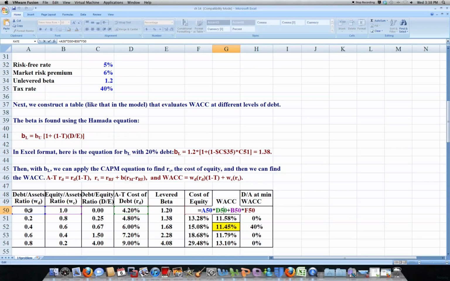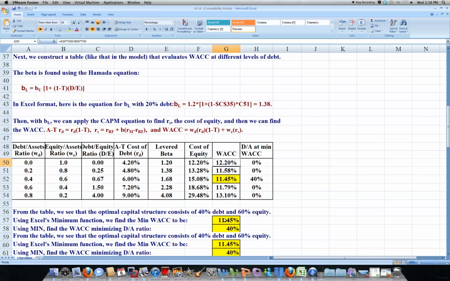We say our debt to asset ratio, which is 0, times our after-tax cost of debt, plus our equity to asset ratio times our cost of equity, which would be right here, to get 12.2 in this case.